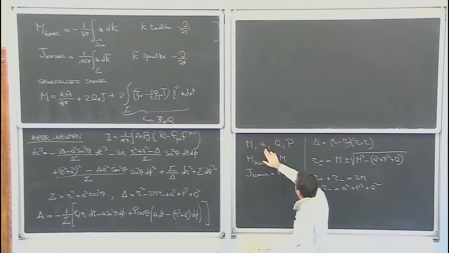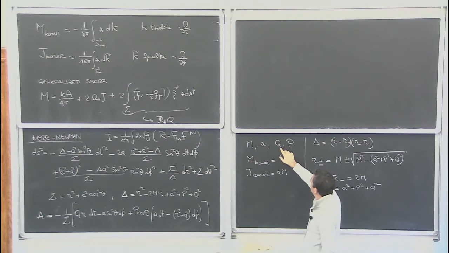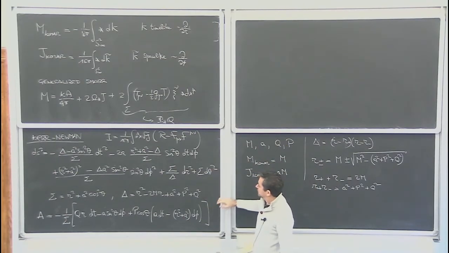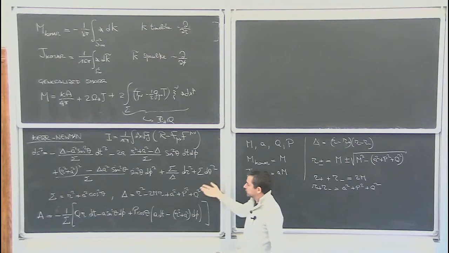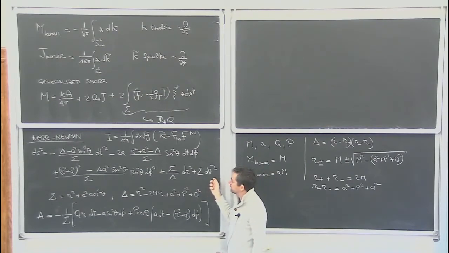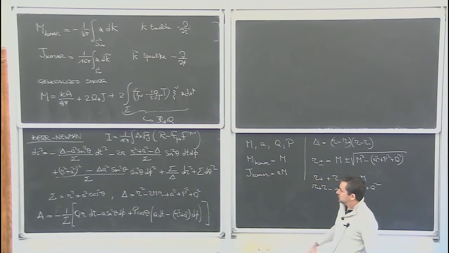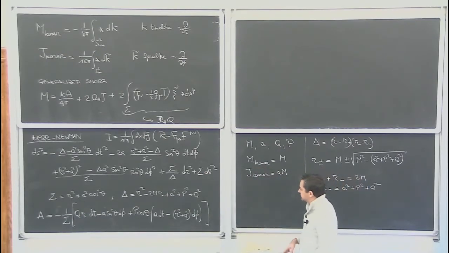But I can take a to 0, so they switch off the rotation, and I'm left with the Reissner-Nordstrom black hole with electric charge Q and magnetic charge P. Or I can set Q and P to 0, and then I'm left with Kerr. So this is the general metric. If you do this, you will recover maybe more familiar expressions for these Reissner-Nordstrom or Kerr black holes in the Boyer-Lindquist coordinates that are these ones.